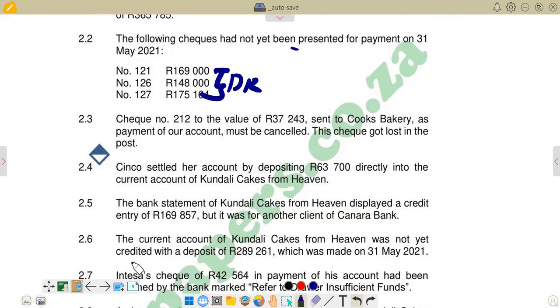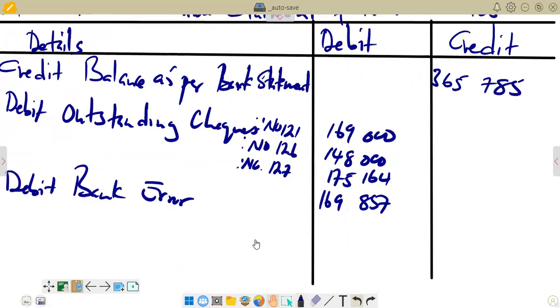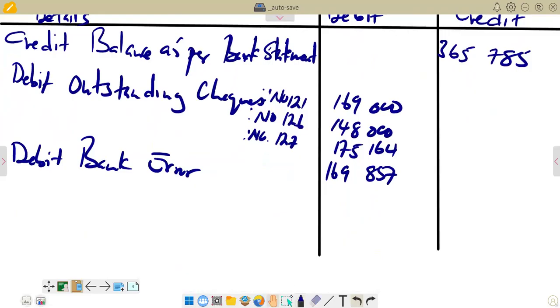So what we are going to do now, we are going to credit deposit not yet credited, or we can just say outstanding deposit.